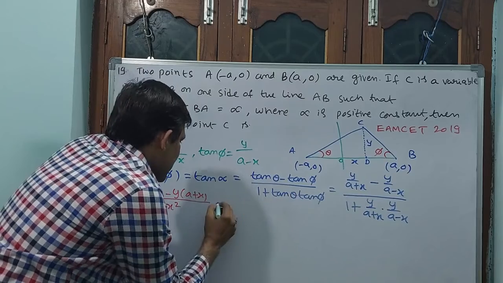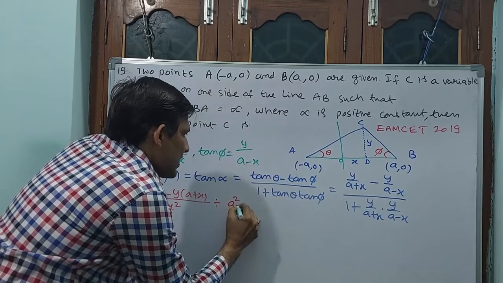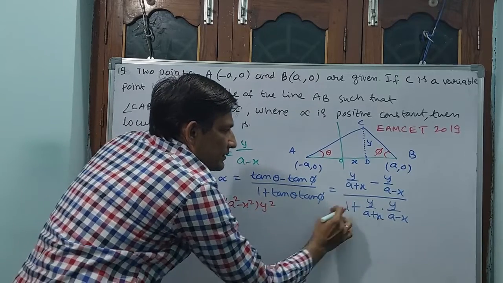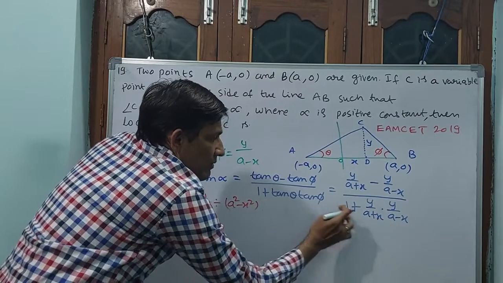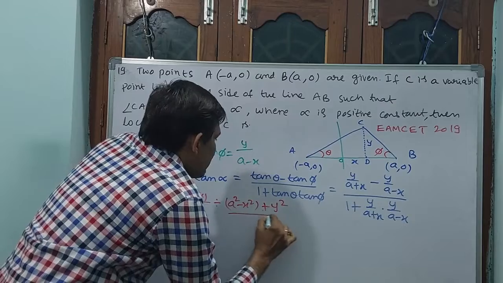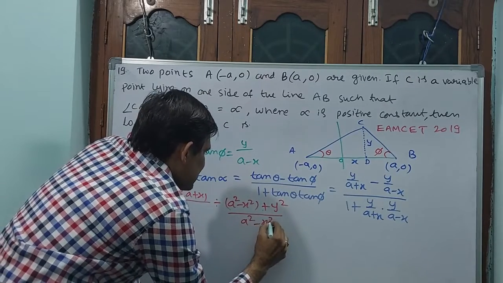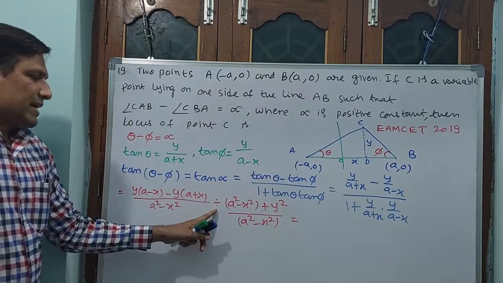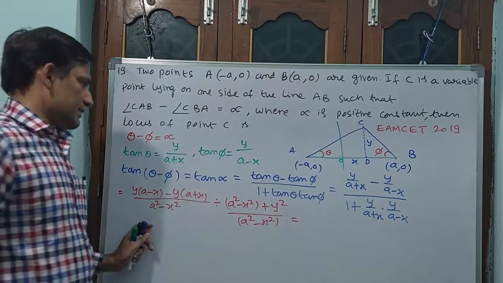Shall I write divided by here? It is a square minus x square plus y square, divided by a square minus x square. When it is divided by, if you want to make it multiplication, you reverse it.